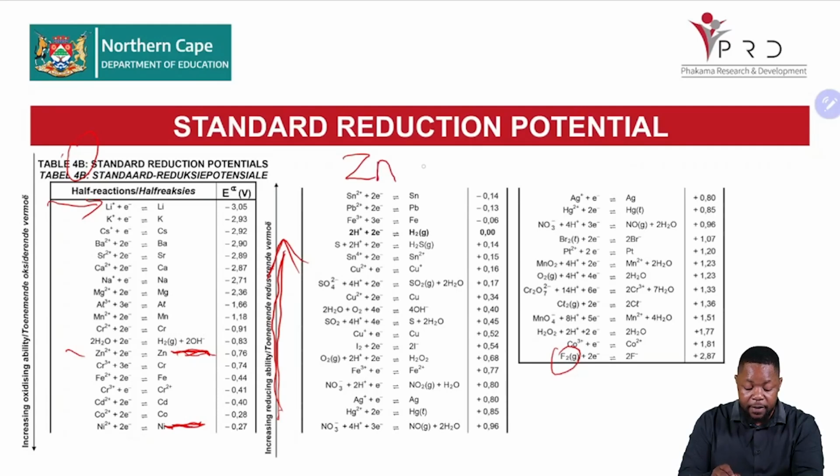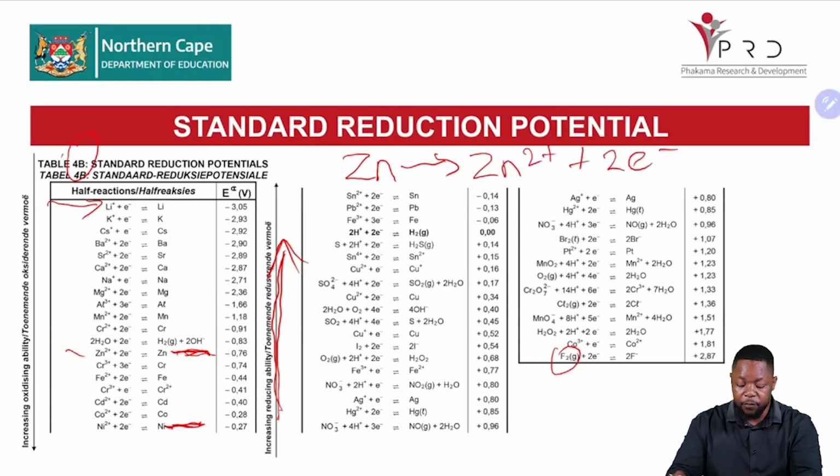This is going to be Zn, that was on the right. We are no longer using two arrows, just one arrow. Then we have Zn2+ and 2 electrons. From this, we see that the oxidation number moved from 0 to 2+. This indicates that this substance undergoes oxidation. How did we know that it undergoes oxidation?